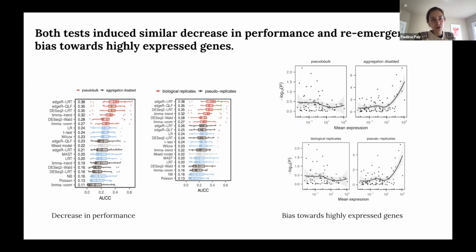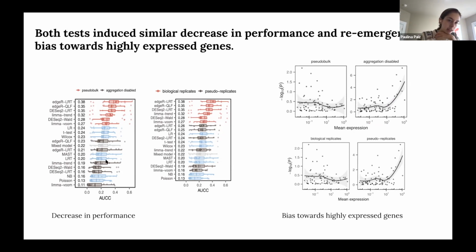The results of both of these tests were that they induced a similar decrease in performance, similar to single cell methods. This means that they wrongly called a lot of differentially expressed genes, and they saw a reemergence of bias towards highly expressed genes.